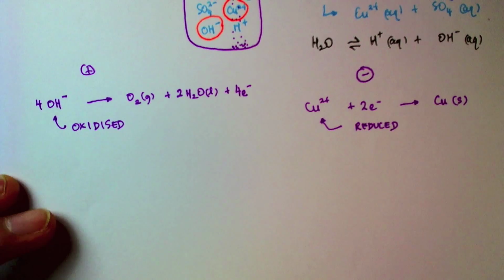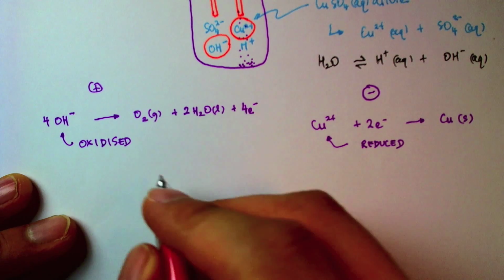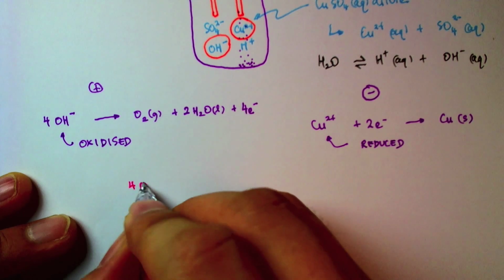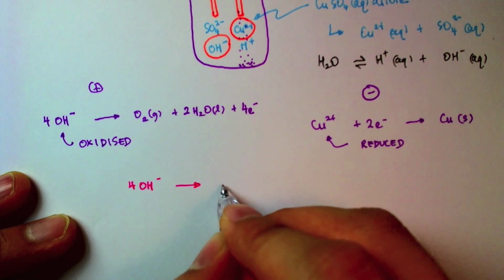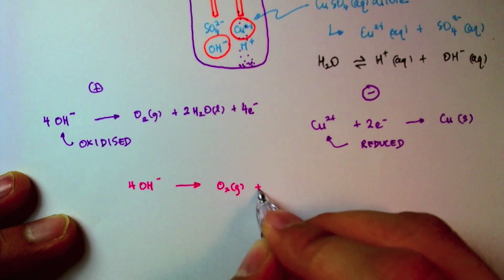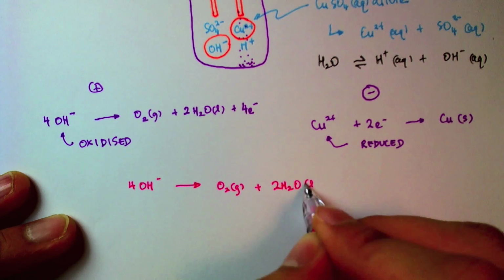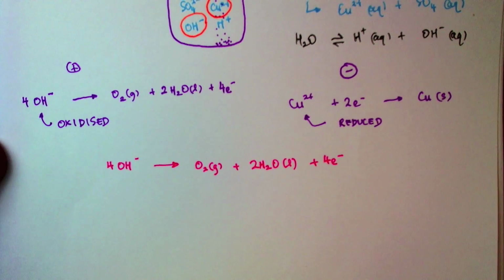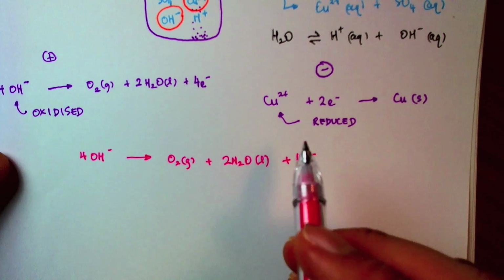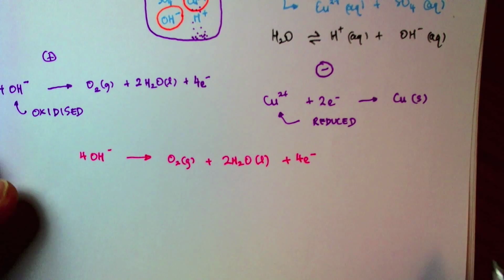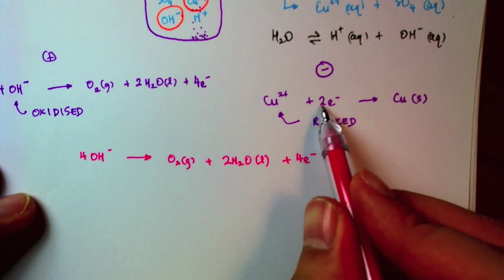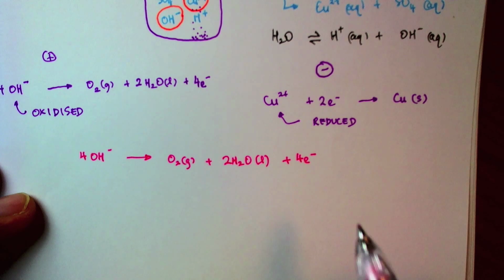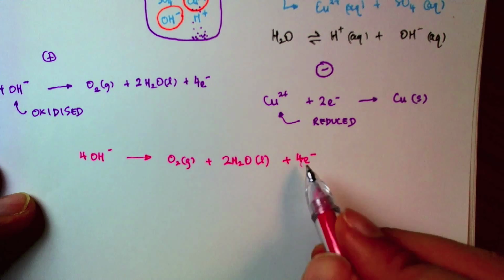Now I can write the overall reaction. Hydroxide, oxygen gas, water, 4 electrons. Now I will multiply the cathode reaction by 2 because I need 4 electrons here to cancel the 4 electrons from the anode reaction.